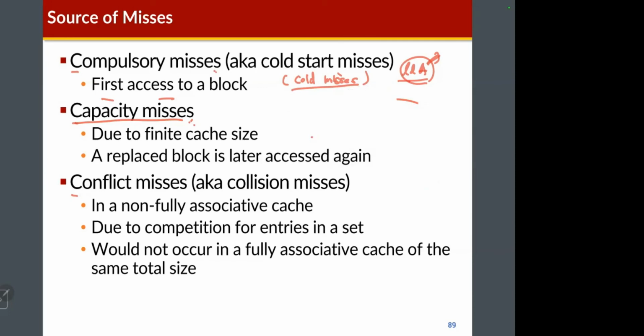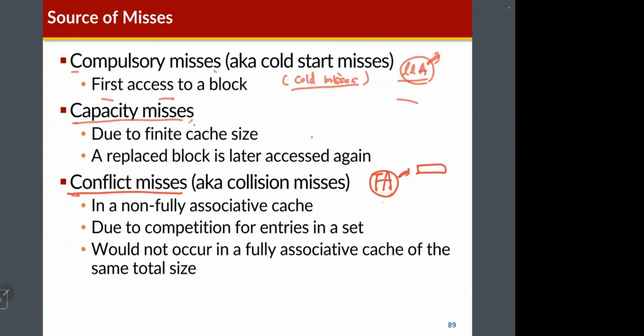Another source of misses is the conflict miss. If we use a fully associative cache, we can store the referenced block in any location of the cache.